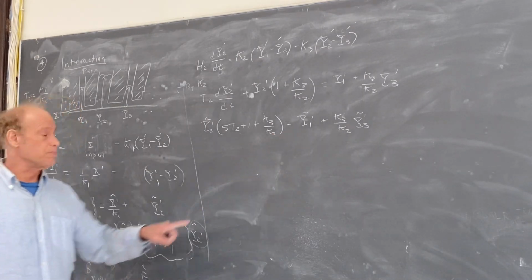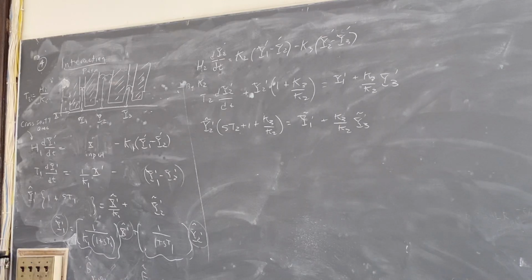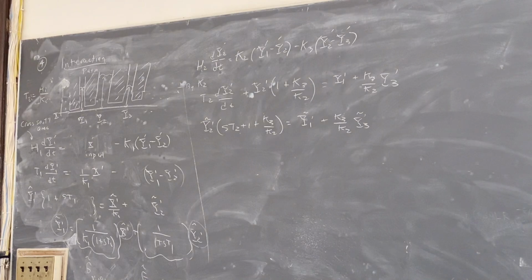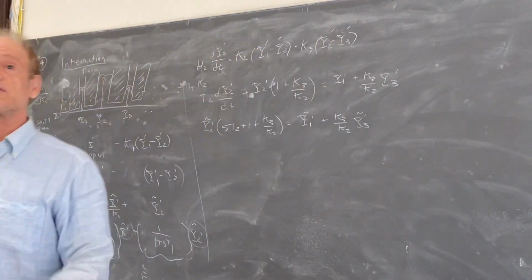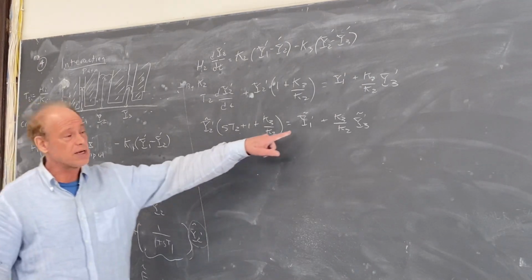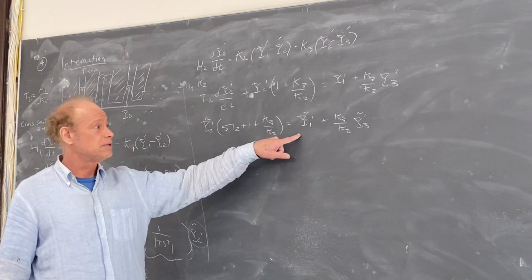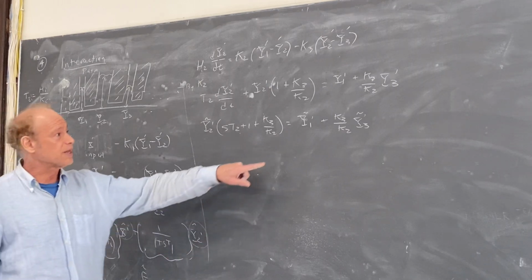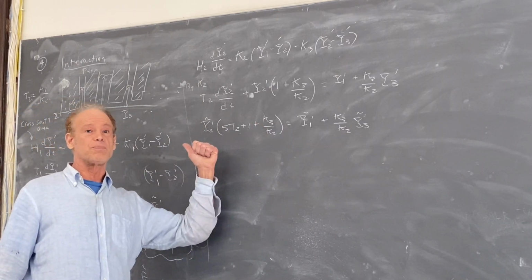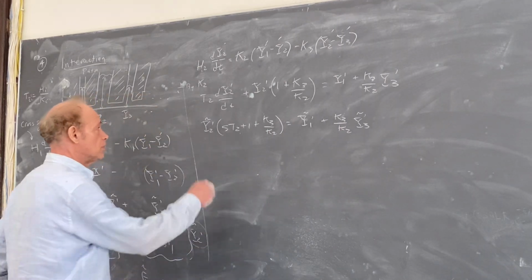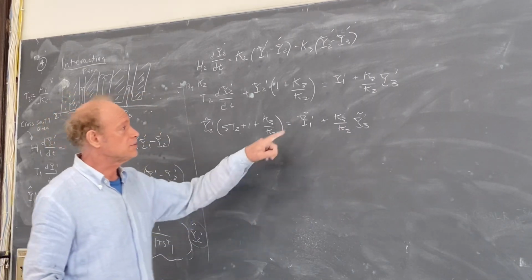I know what y1 prime tilde is, and I don't have time to do that today because I have only 1 minute to go. But just so you know what we're going to do next: we're going to take this and plug it in here for y1 prime tilde. And notice that's going to have another y2 prime tilde in it, so I'm going to have to move that y2 prime tilde to the other side of the equation.